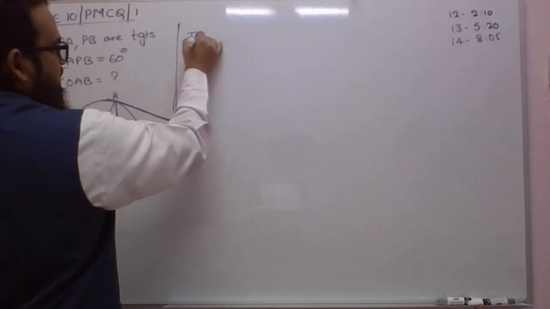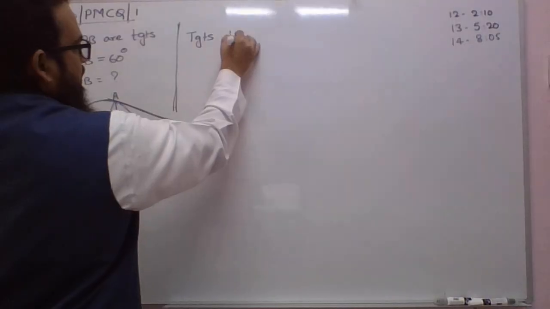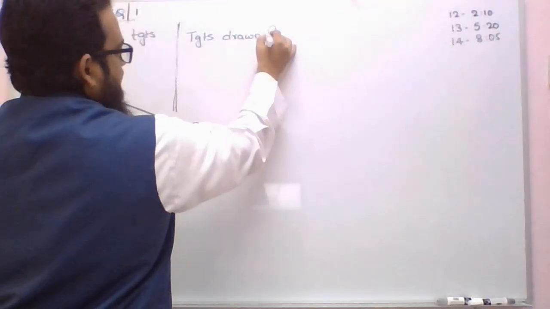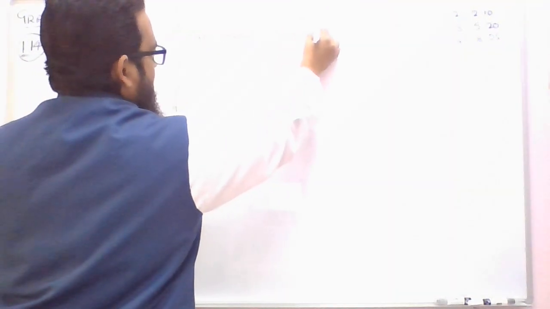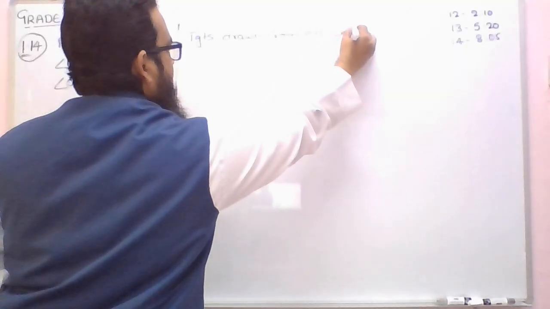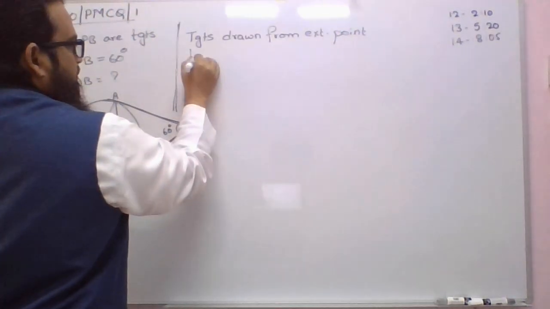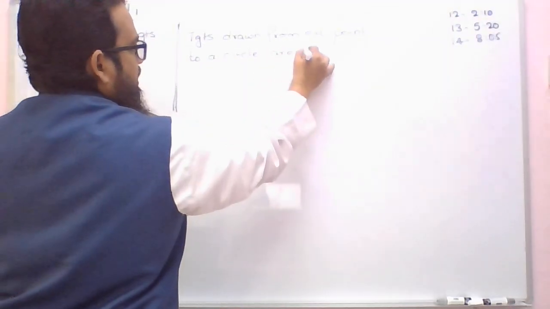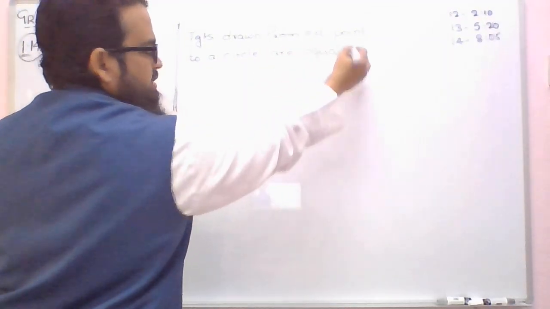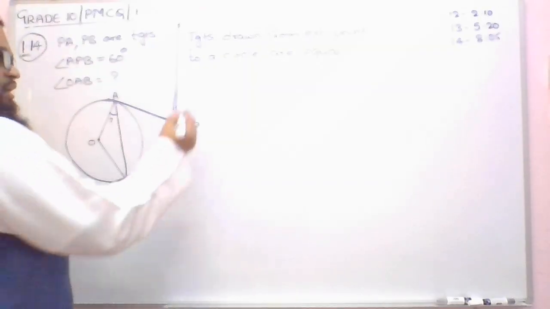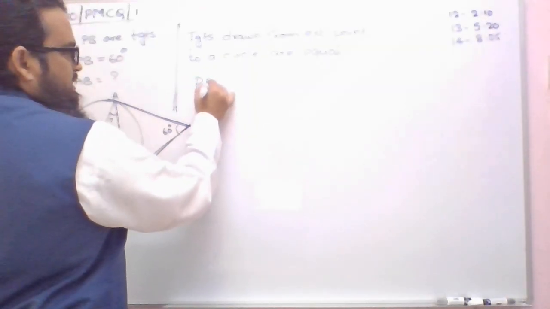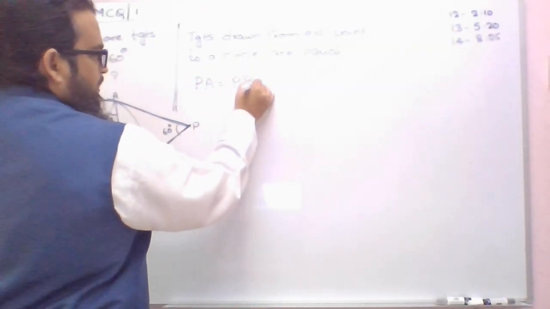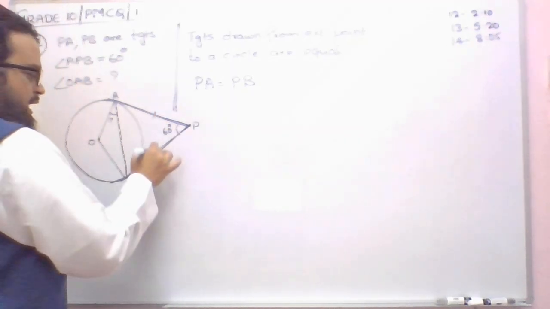Tangents drawn from an external point to a circle are equal. This is very important. So PA is equal to PB. Understood or not? These two are equal.